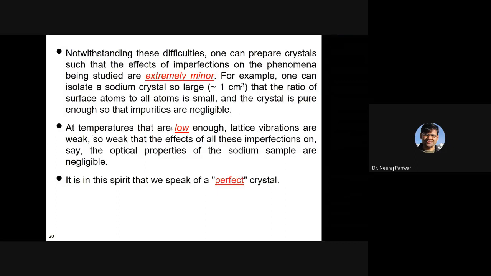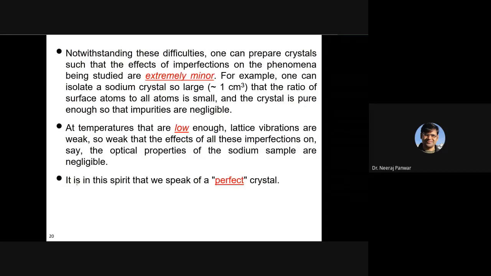And if we consider very low temperatures, meaning temperatures low enough that lattice vibrations are very weak, because lattice vibrations depend upon temperature. The lesser the temperature, the lesser the lattice vibrations. So weak would be these lattice vibrations at lower temperatures that the effect of these imperfections on properties, for example the optical properties of a sodium sample, is measured to be negligible.